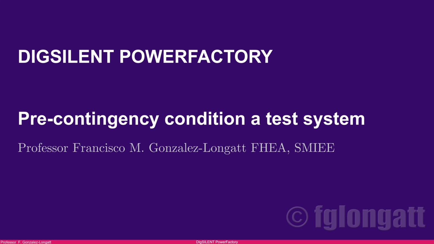Today I am creating a video specifically to present how to define and calculate pre-contingency conditions in a test system. If you are following the video series, in my previous video I created a test system inside DIgSILENT PowerFactory.